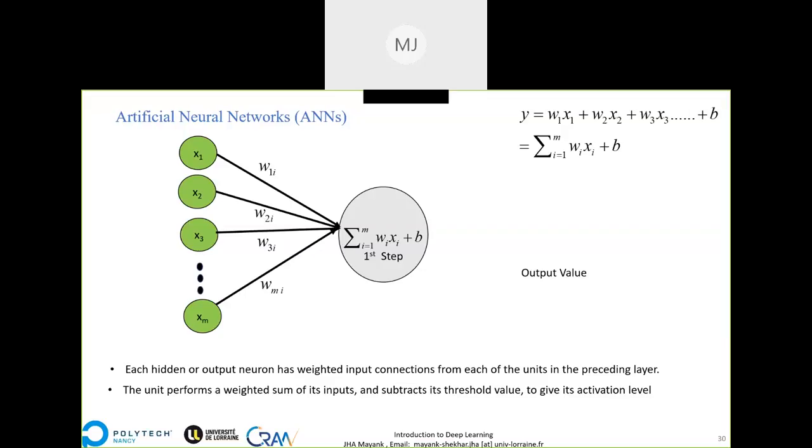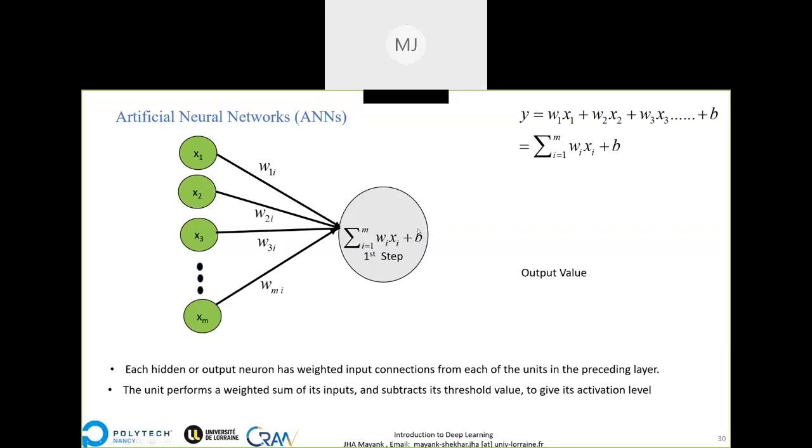Hello, sir. In the equation, what is the use of plus B? Yeah, so that's the bias, my friend. Okay. So bias is basically an offset. I was asked the same question, so let me talk about it a little more.